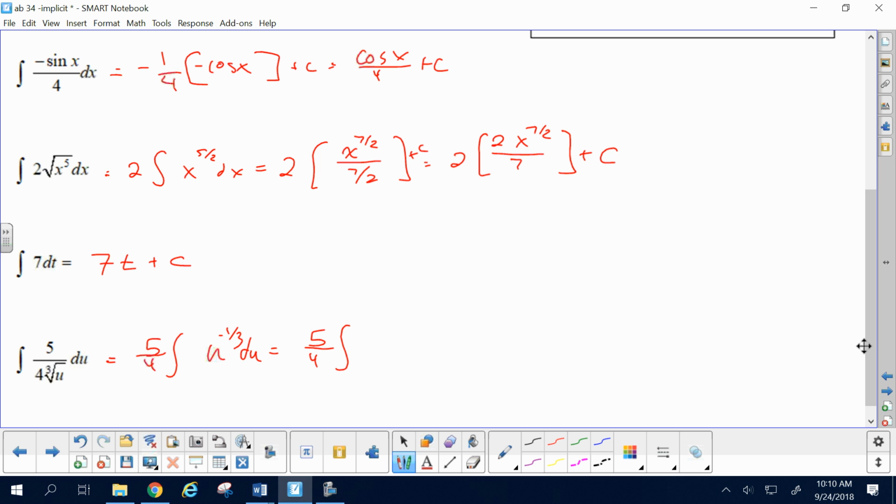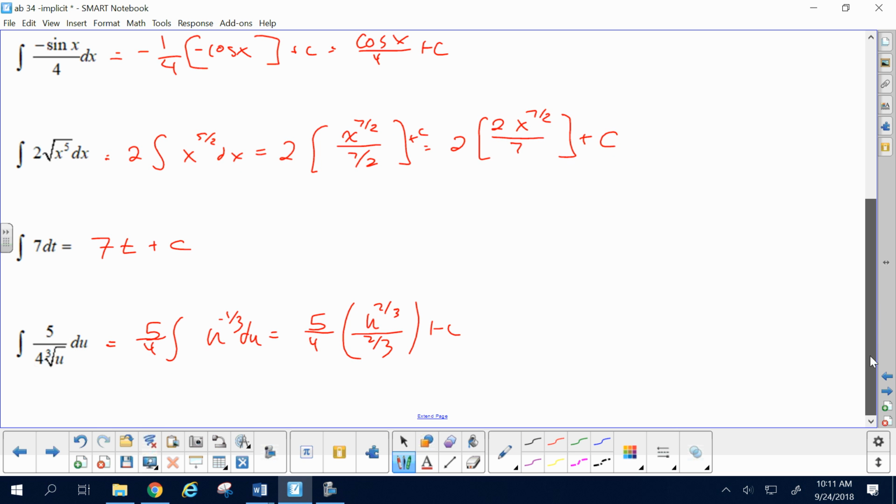You know the negative exponent is from a denominator, and the root is the same as a fractional exponent. So, what is the antiderivative of u to the negative 1/3? If you raise it by 1, it becomes u to the negative 1/3 plus 1 is 2/3 divided by 2/3 plus c, which you can also clean up. All right, that is that.